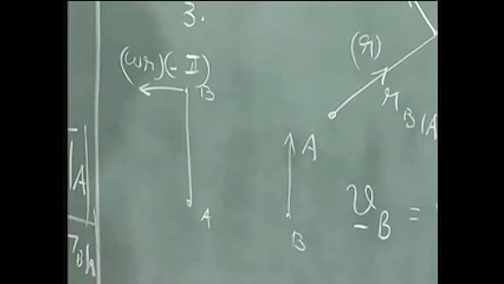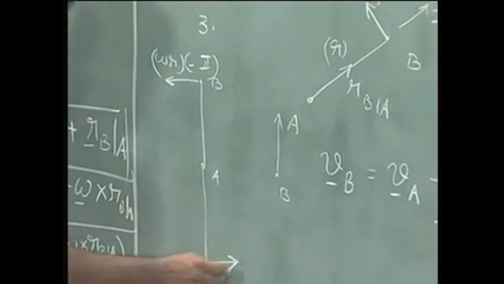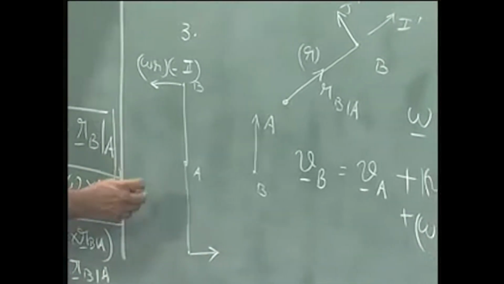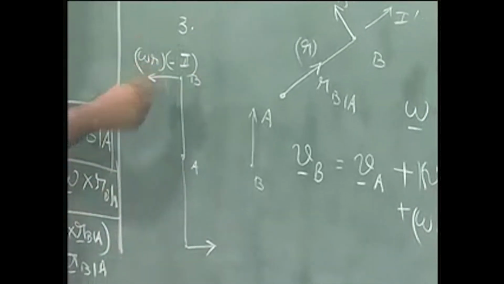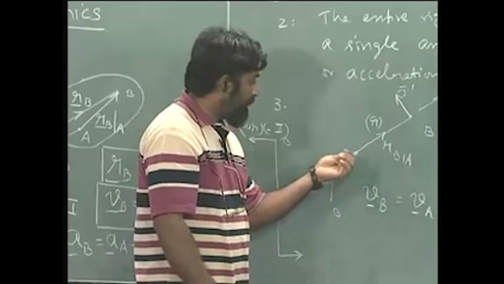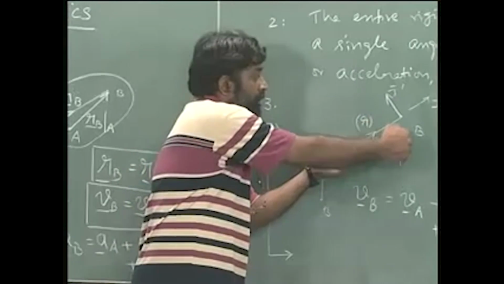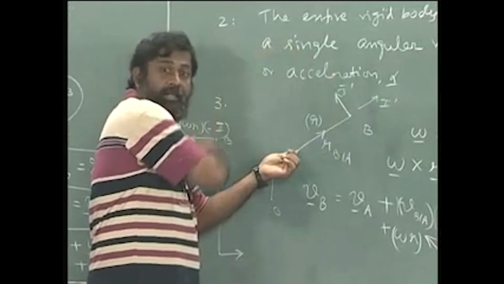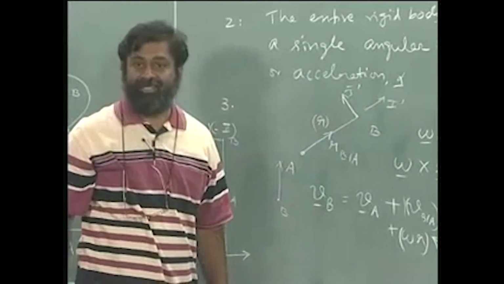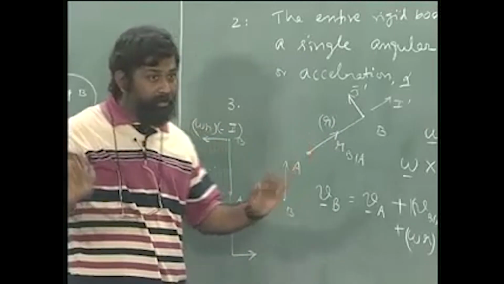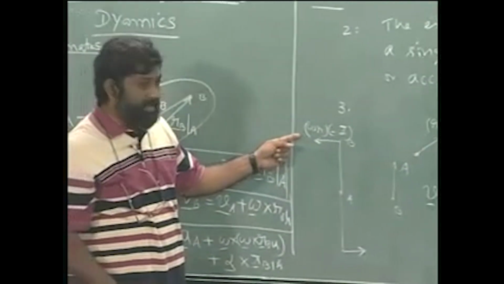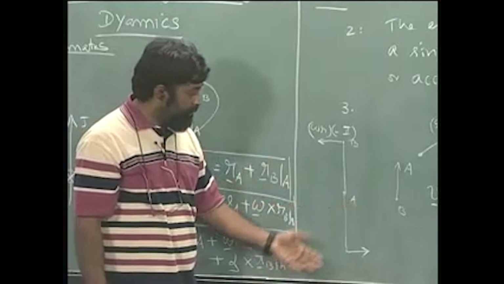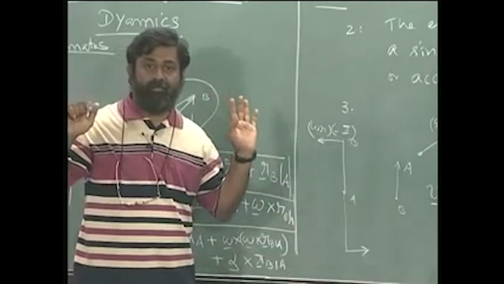If B were here, it would have been like this. Remember how it is going, it is an anti-clockwise direction. So in a way that I understand, I pin it over here, if I circle it in the anti-clockwise direction, that is the direction of the velocity. It is a very simple notion because you will have confusion, is it minus I, plus I and so on. So this is an easy way of understanding.